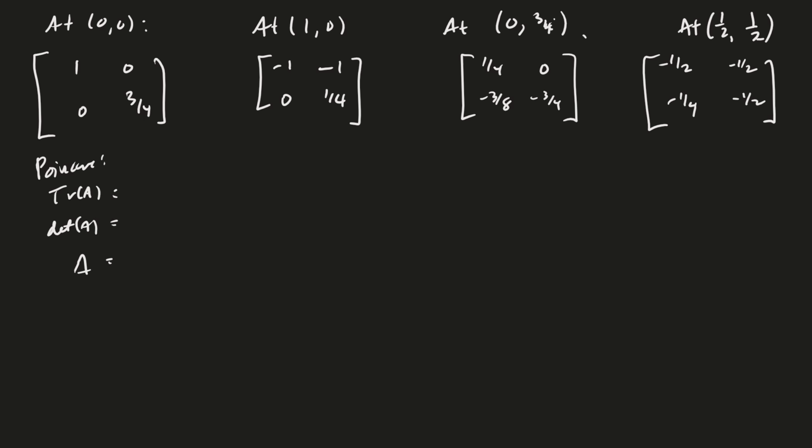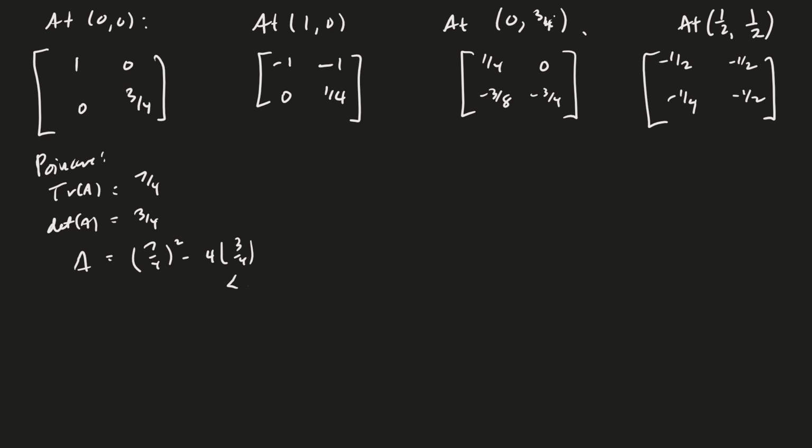So the trace here, 7/4, determinant, 3/4. Discriminant would be 7/4 squared minus 4 times the determinant. So we don't really need the value for that, right? We just need to know if it's positive or negative. So that's going to be negative, right?